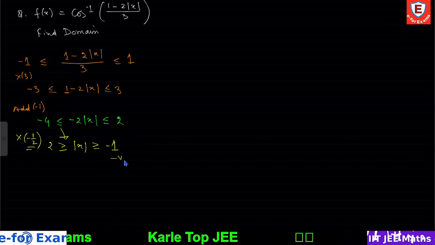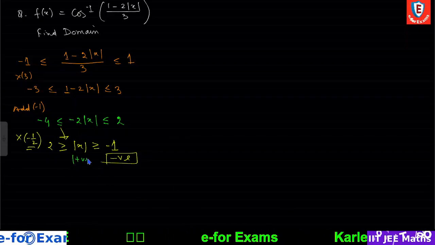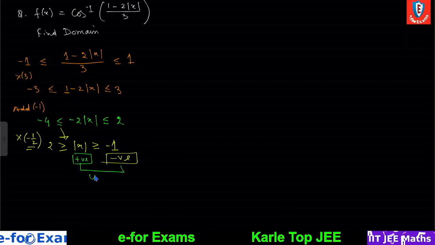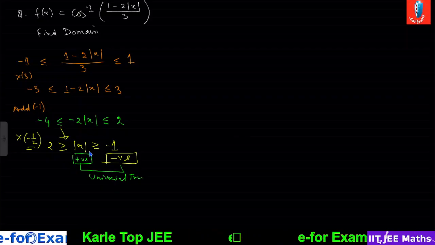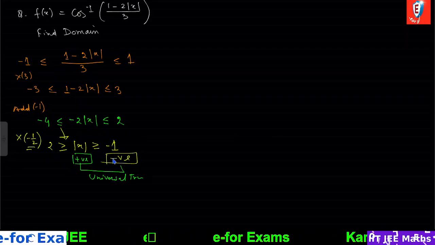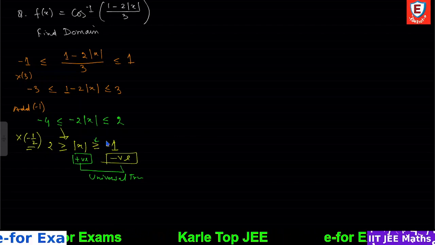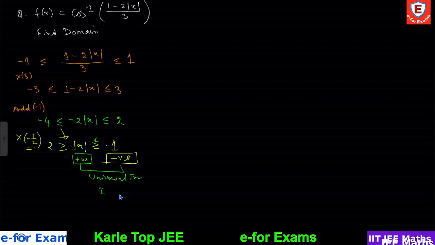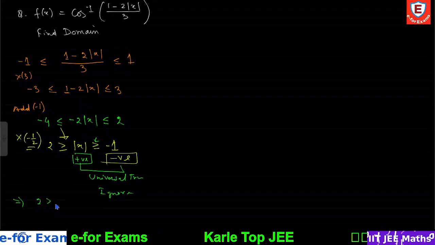This is a negative value, and this is a positive value. This is always a universal truth. Mod x is greater than a negative value, this is always true. So we can ignore this. So this implies 2 is greater than or equal to mod x.